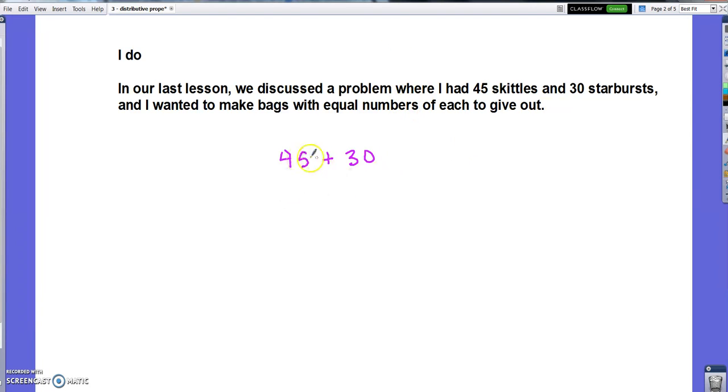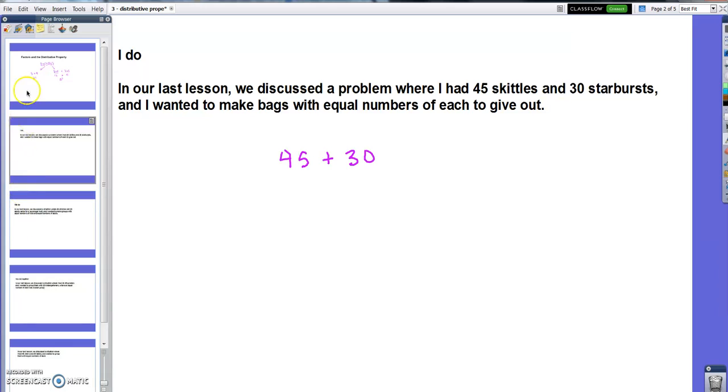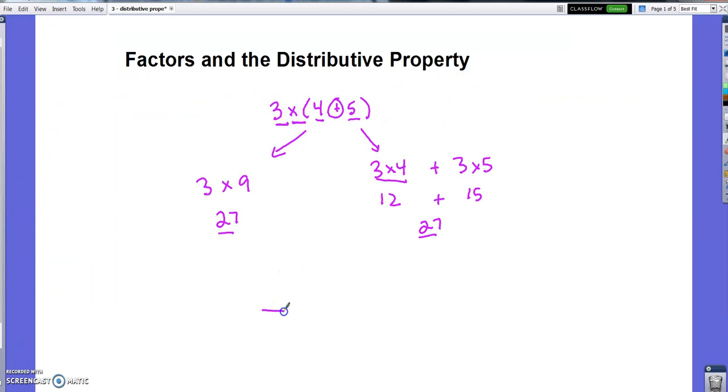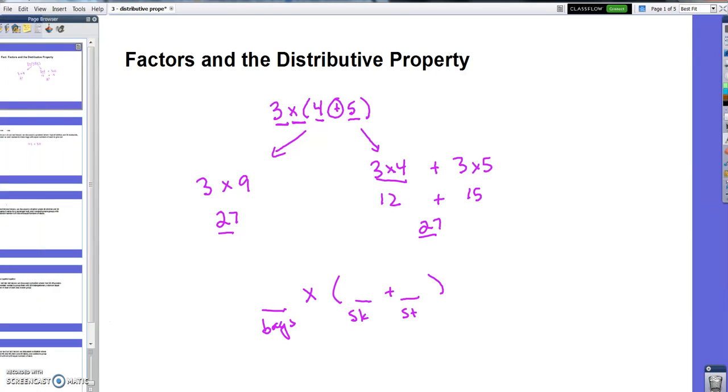So what I can do, I can take this and I'm going to rewrite this in some way that looks like, if I go back to the first slide, some way that I could use the distributive property. I'm going to have something times two things added up. And the two things added up are going to be my Skittles and my Starbursts. And the thing that ends up out here is going to be my bags.